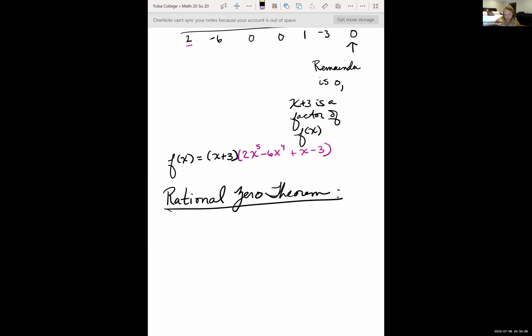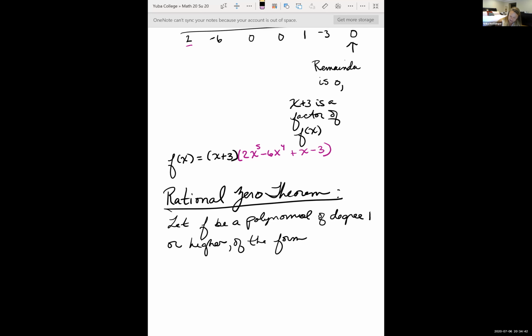So what this rational theorem says is let f be some polynomial. So it has to be a polynomial of degree 1 or higher, of the form like we were writing them before.